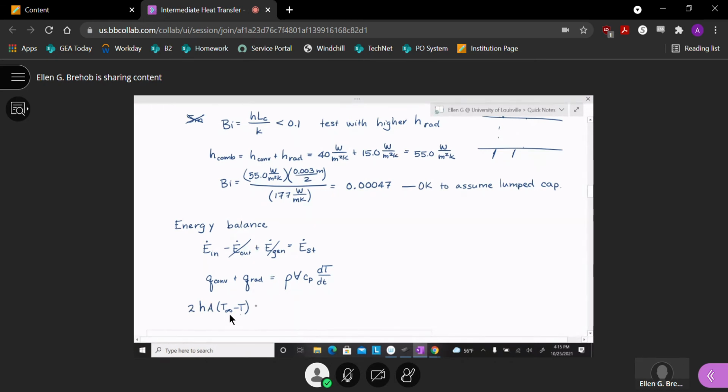And I got two faces that are having heat added. So I'm going to put a 2 out in front for radiation. And I broke this up again. So I'm going to have 2 surfaces. Emissivity, sigma, T surrounding to the 4th, minus T for the plate to the 4th. And then I guess I put the area way back here.